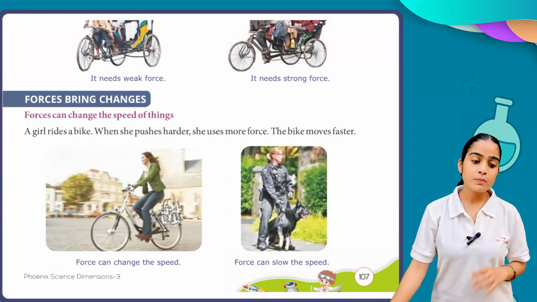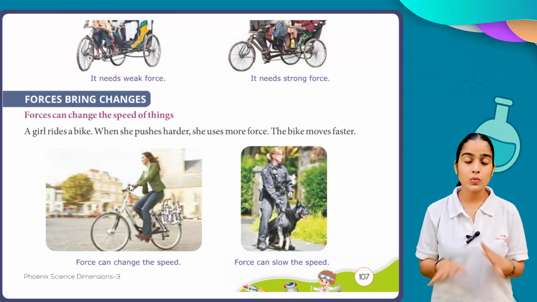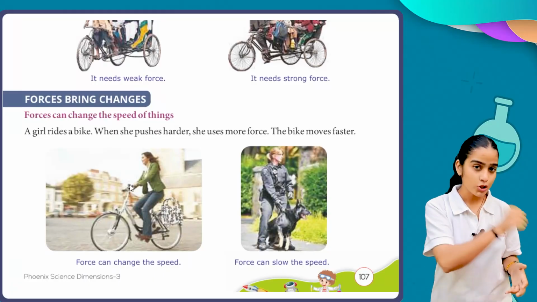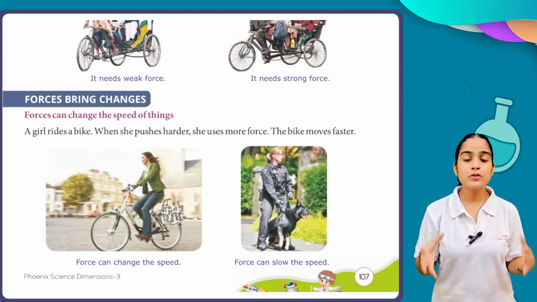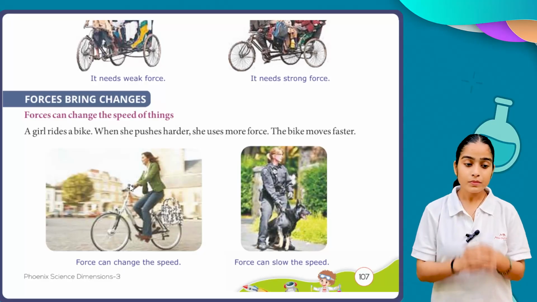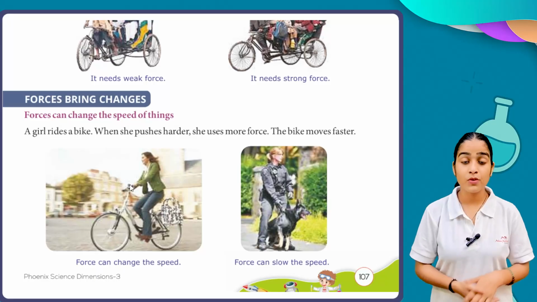Next, force brings changes. As you already see, a lot of changes happen with the help of force. One of the changes you've seen is that when you push it, your door gets closed. When you pull it, your door gets open. So it is also a change. Force can change the speed of things. A girl rides a bike. When she pushes harder, she uses more force, and the bike moves faster.